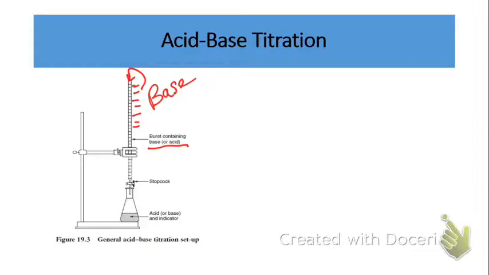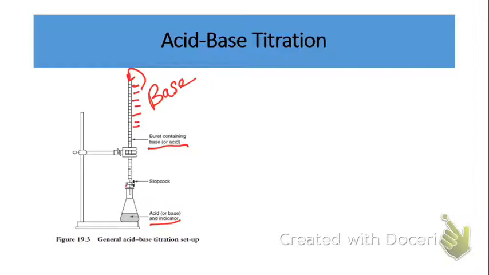All right. Now, the acid is usually placed in some kind of glass container. Usually it's an Erlenmeyer flask. Sometimes it might be a beaker. With the acid, we also put the indicator. Now, once in a while, if we put the acid into the burette, then we'll put the base in the Erlenmeyer flask. But typically, the acid is in the Erlenmeyer flask, the base is in the burette.